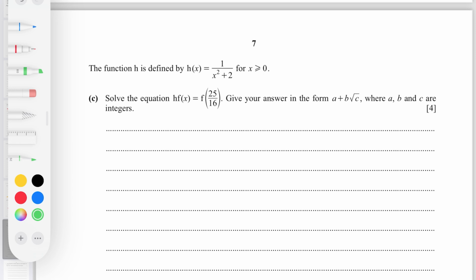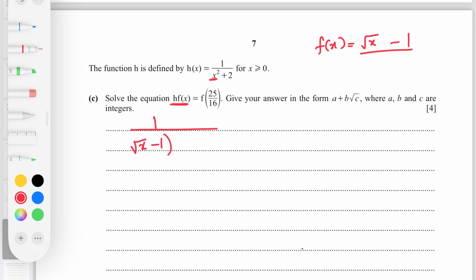Okay. h of x is this. Okay, so function f is... and h is this. They are saying solve the equation hf(x). That means in place of this, we have to input the function f. Equals f of 25 upon 16.